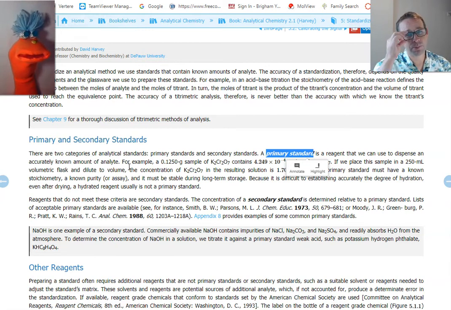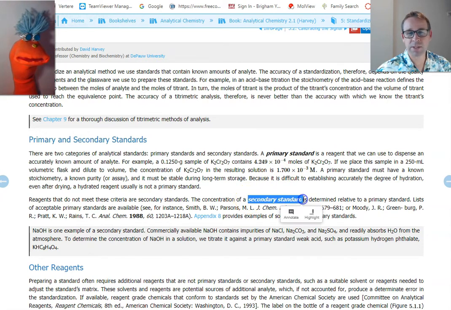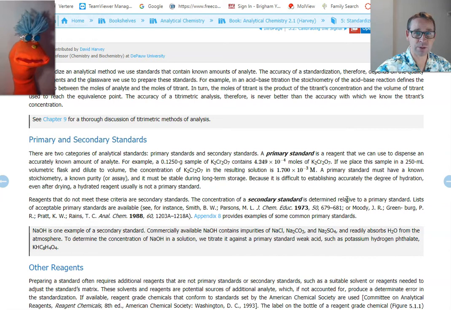It's not necessarily needed to give a specific timeline to call it a primary standard. But you want to be sure that you recognize, if you're working with a secondary standard, this is something that you make up, and you need a primary standard to verify the concentration of that solution.